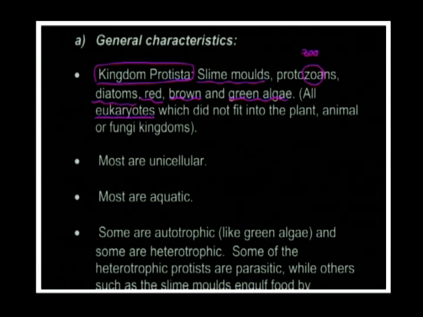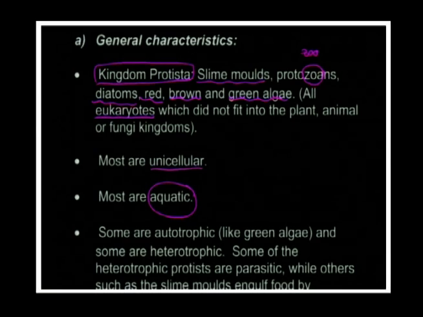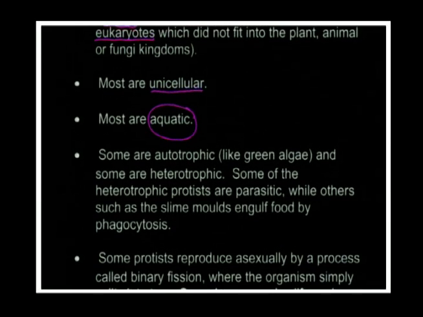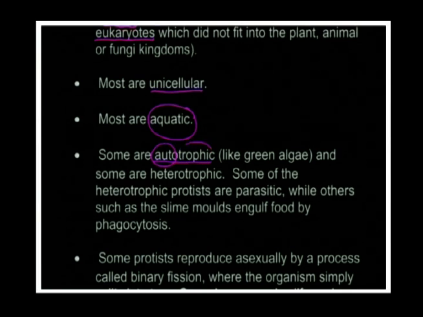They are eukaryotic, they are usually unicellular, and as mentioned with the amoeba, most of them are aquatic or they live in water. Other features, some of them, the more plant-like ones, are autotrophic, self-feeding. Others, the more animal-like ones, heterotrophic, different feeding.